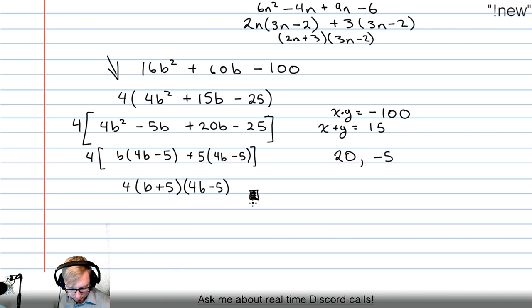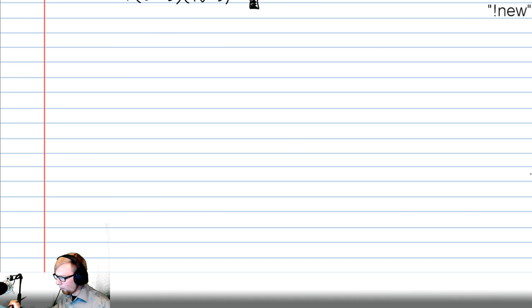So, number 12 is 4x squared minus 35x. Didn't we do this one? We did, but I didn't finish it.